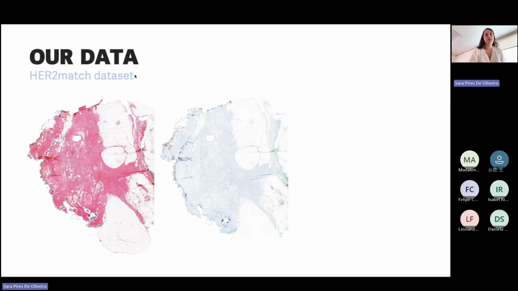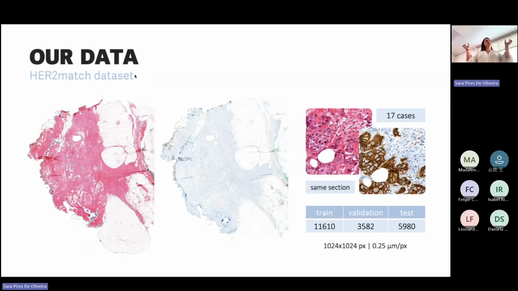So when we cut the tiles, we have exact correspondence of the cells in both types of images. This was done by Pascal and curated by him and me. In the end, we have a dataset that has a higher resolution than the previous ones and, because of this, also a bit more data in terms of number of tiles.